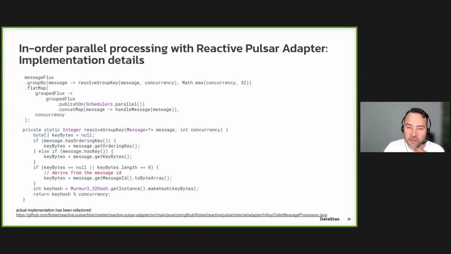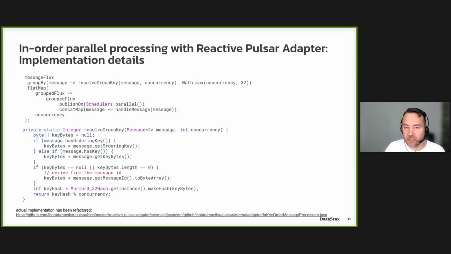The actual implementation has been refactored from this, but it's showing the same parts that I showed earlier, like this group by, and then it has this prefetch parameter set to the maximum concurrency, and then it has this flatMap concurrency parameter set to the maximum concurrency.